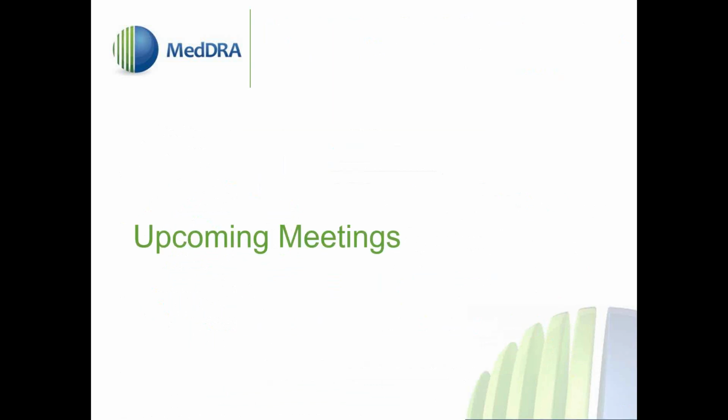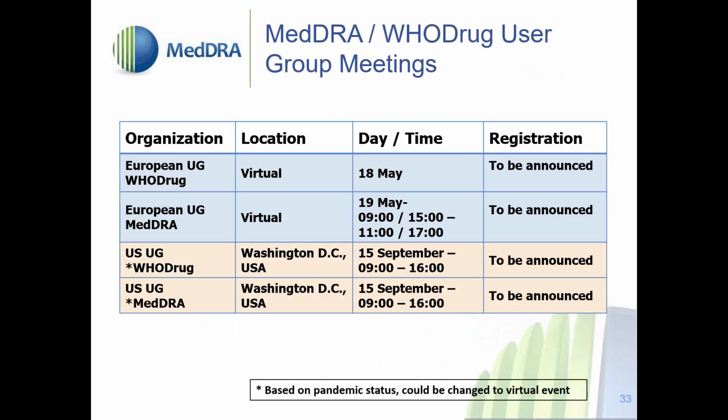Okay, so now that we've updated you on the various new training sessions and topics we have, I'd like to share with you upcoming meeting times and dates. Here I am sharing with you the European User Group WHO Drug meeting, as well as the European User Group MedDRA meeting. These are scheduled to be virtual, and some of the times, as you can see, have not been shown because they are still to be announced.